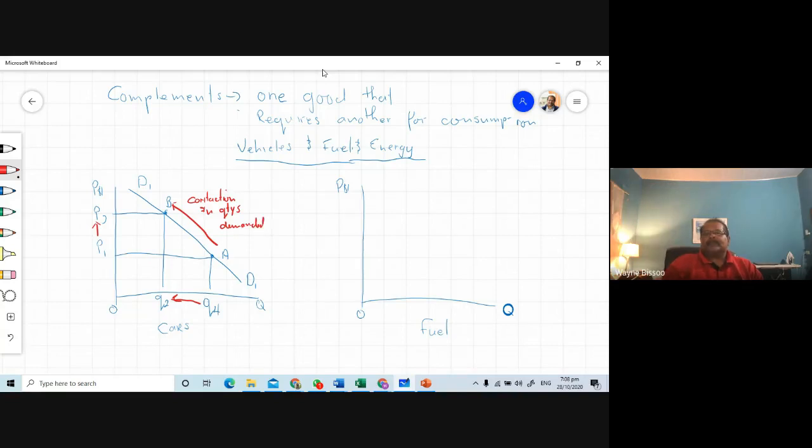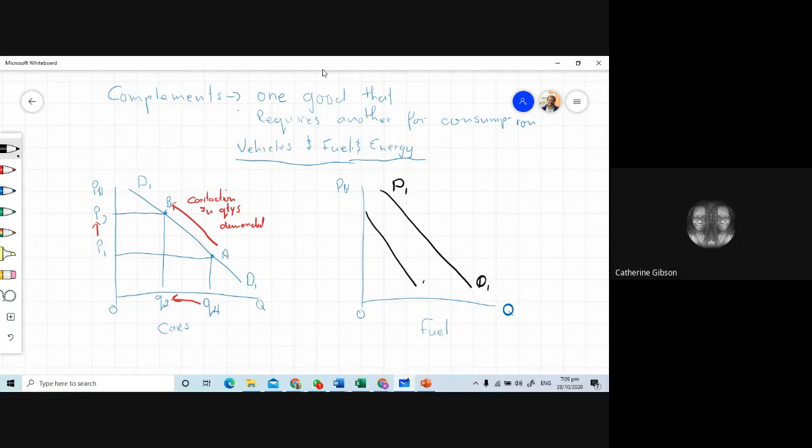So what happens in the market for the complementary good? So we go into this market and say this is D1 in this market here. What happens in this market for fuel? You have a reduction in the quantities of cars being purchased. So what will happen to fuels? Price of fuel didn't change.